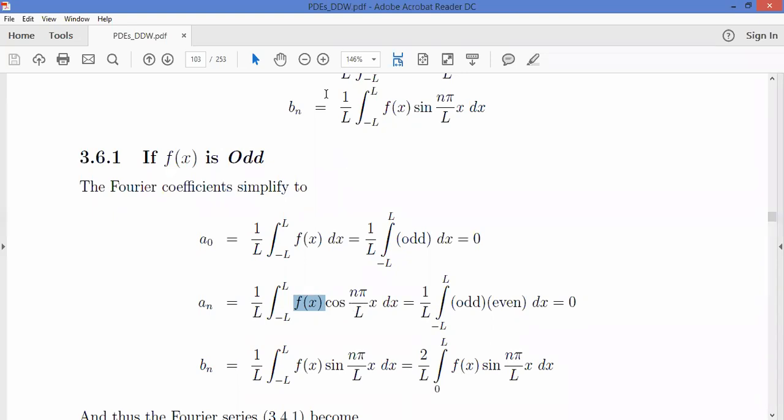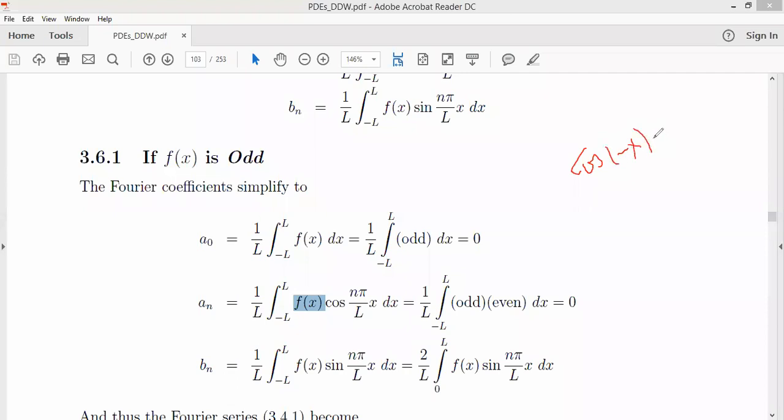This comes in handy for you to know. You all know that cos of minus x, I think you are all aware that this is simply cos x.